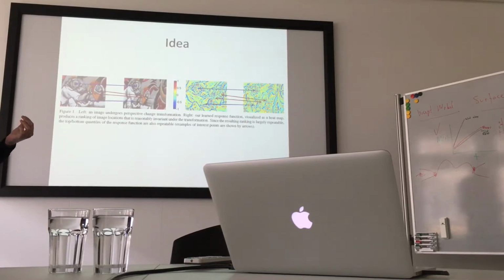You basically want to rank all the pixels in the left image and in the right image such that extrema map to each other. If you have a ranking which is preserved, like if one point in the ranking here is larger than this one, then it is also larger in the right image.